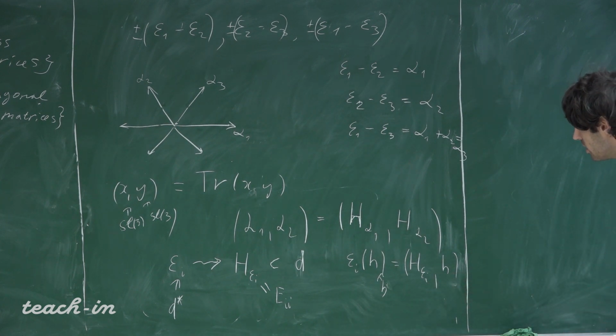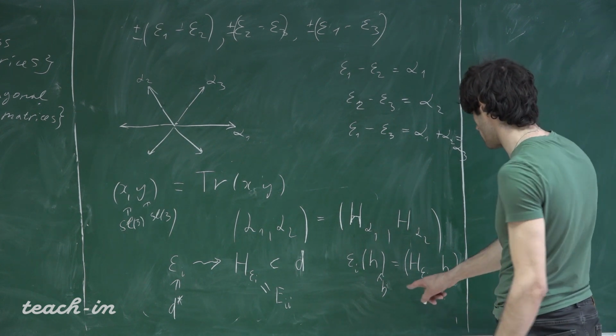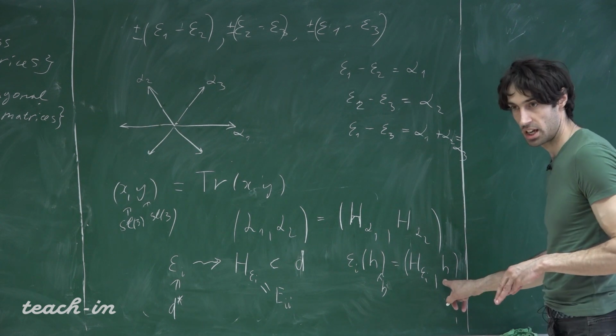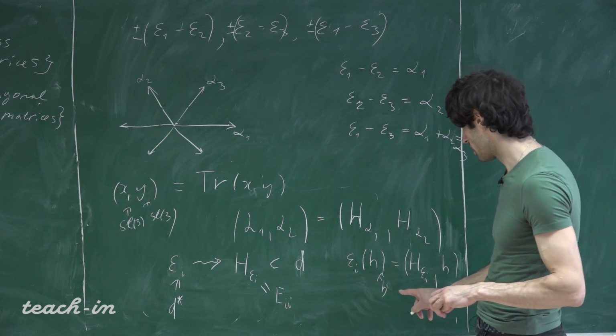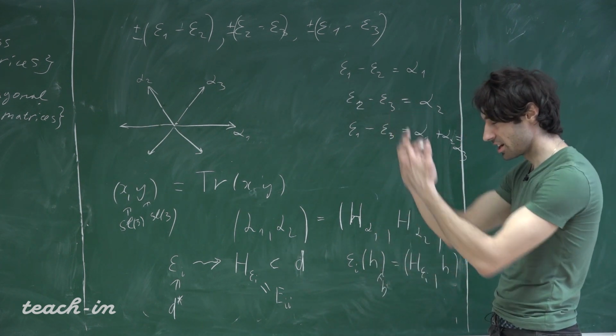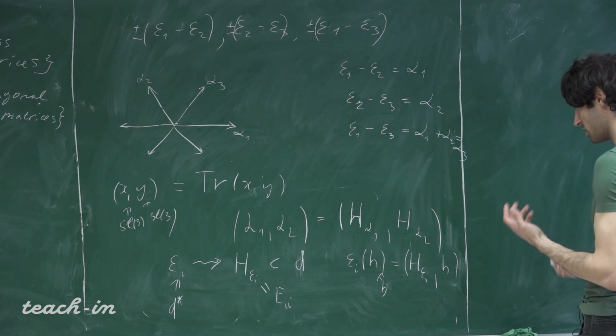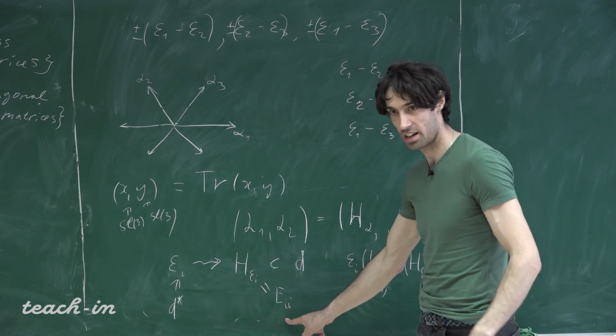So I need some element such that if I compute its trace form with any h, it gives me the i-th entry on the diagonal of h. You can just check that it is exactly E_ii.